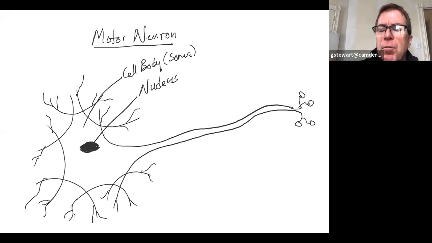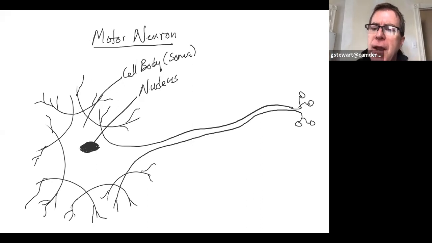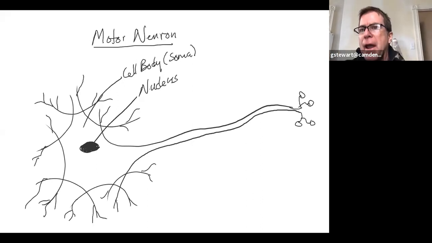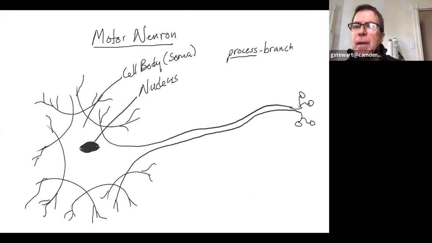These branches that I've drawn off of the cell body. Another name for a branch is the word process. So process is used confusingly, in my opinion. That's a verb when we talk about the brain processing information, but it's also, in this case, a noun that means a branch or long, thin segment.